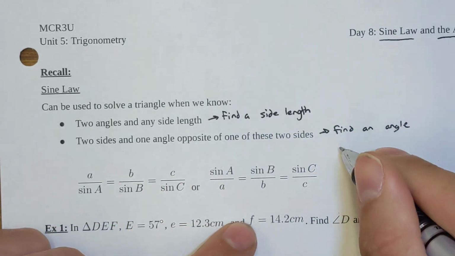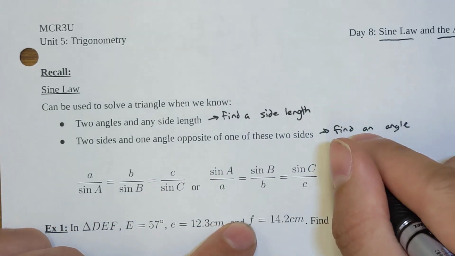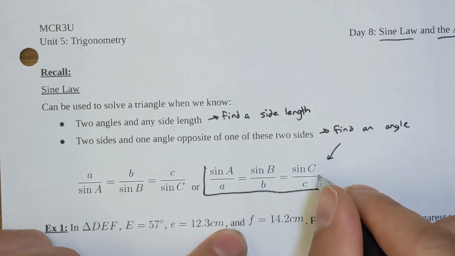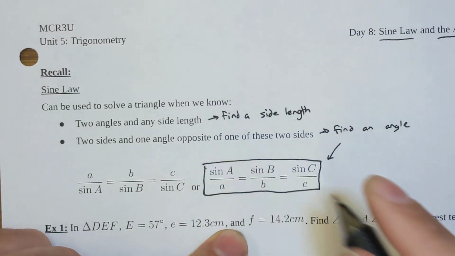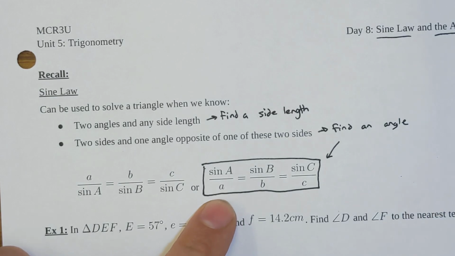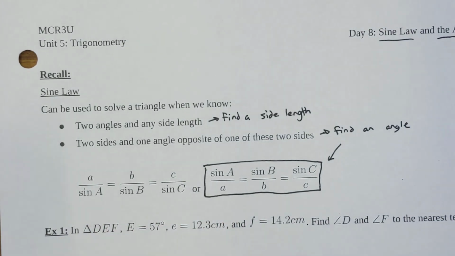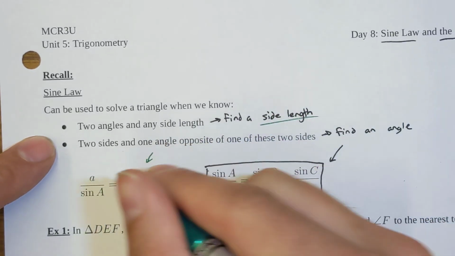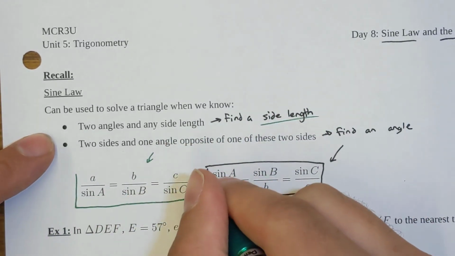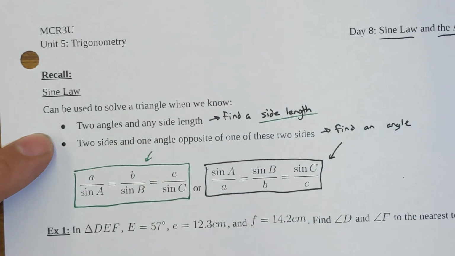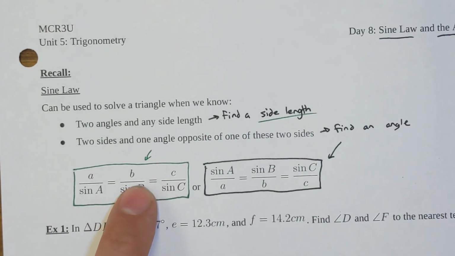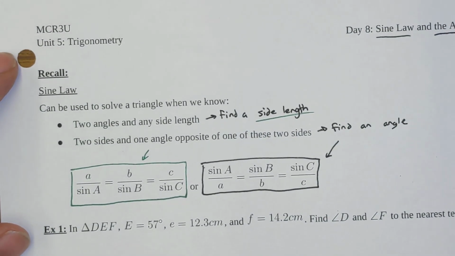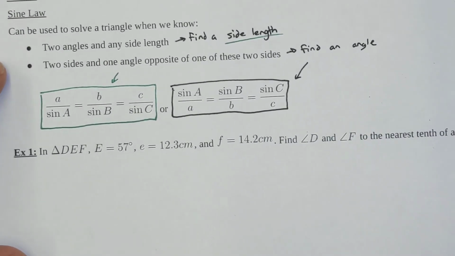And usually if we're trying to find an angle, we can use this equation here with our angles on top, because when they're on top it's easier to solve for than when it's in the bottom. Or if we're trying to find a side length, we can use this equation here, because side lengths, the little lowercase letters, are on the top, which makes it easier to solve that way.